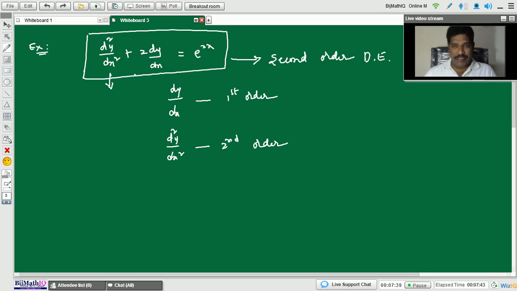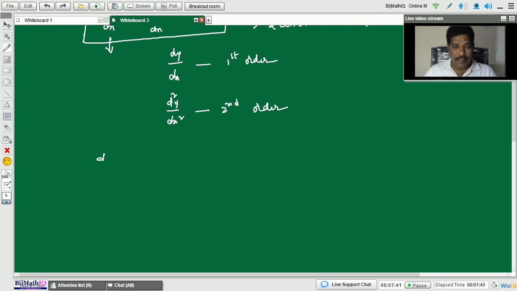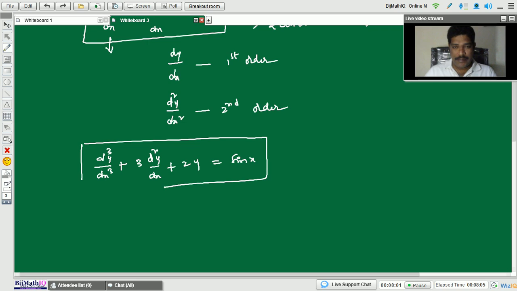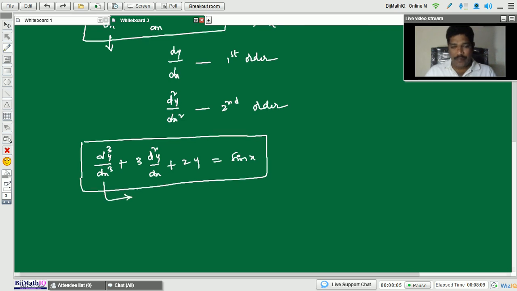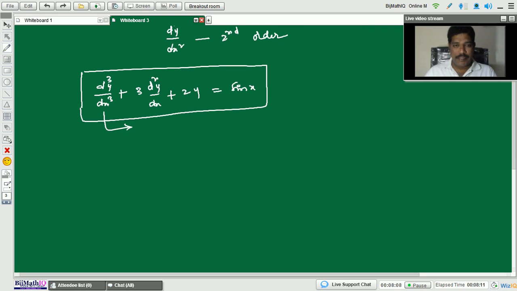If the equation involves the third order, like d cube y by dx cube plus 3 into d square y by dx square plus 2 into y equals some function, say sin x, then the highest order derivative is d cube y by dx cube, which is a third order derivative.